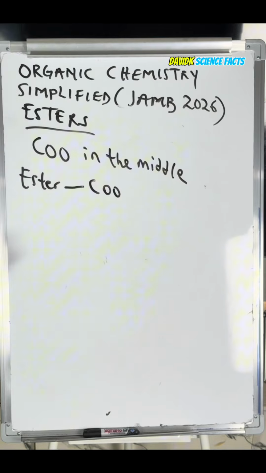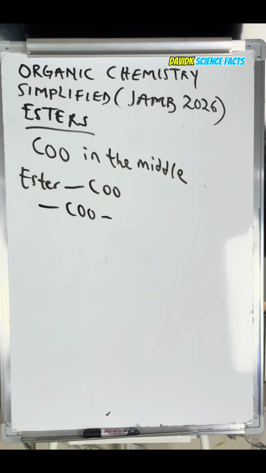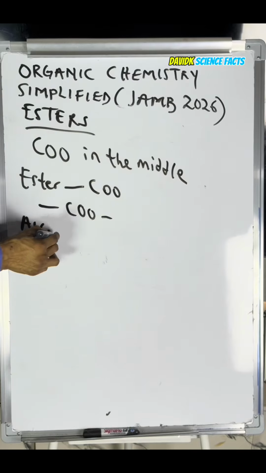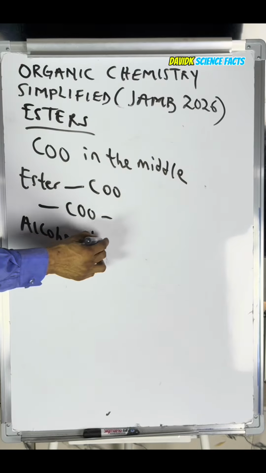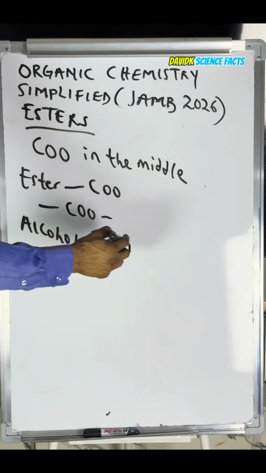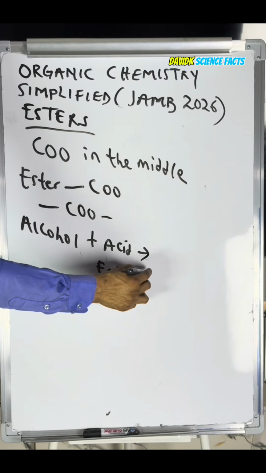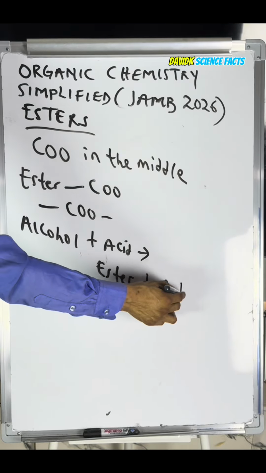So take note of this. Ester has COO. So I would say alcohol plus acid is equal to ester plus water.